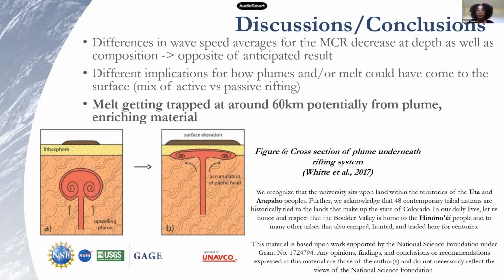So I would go more that route to try and make more connections between failed rifts or passive margins in general versus specifically the MCR, as well as maybe looking at different compositions. The Wistful toolbox, I think, had a lot more to offer. Using magnesium was an easier way to think about the things I was trying to visualize, but definitely looking at the different chemicals that they offer in terms of projecting them via the seismic wave speed files.